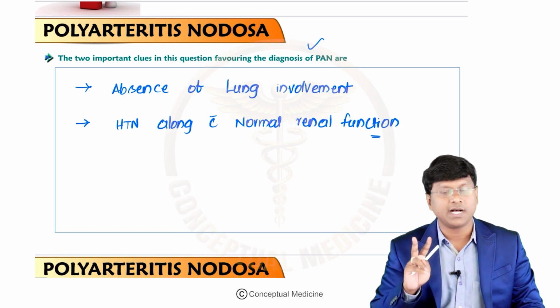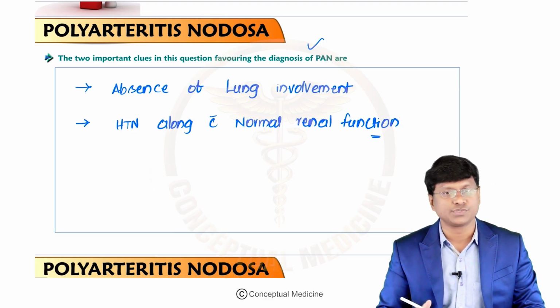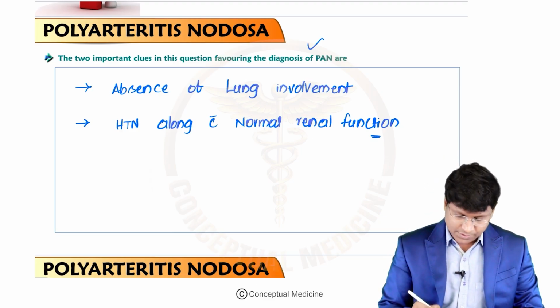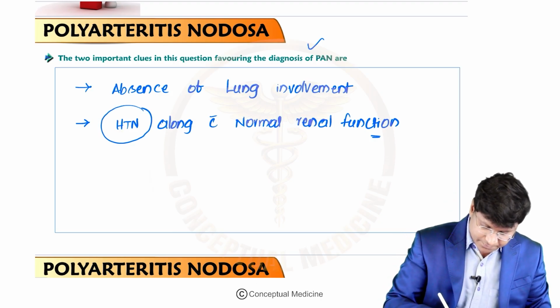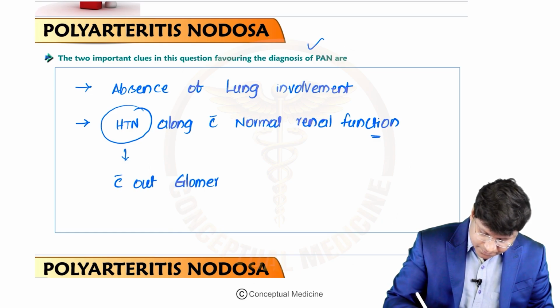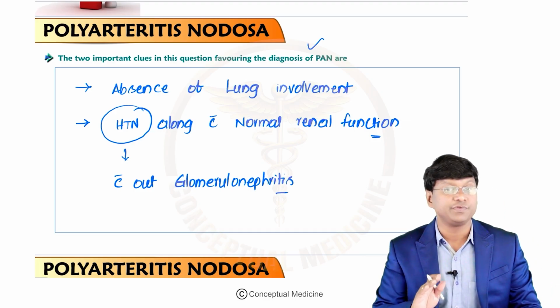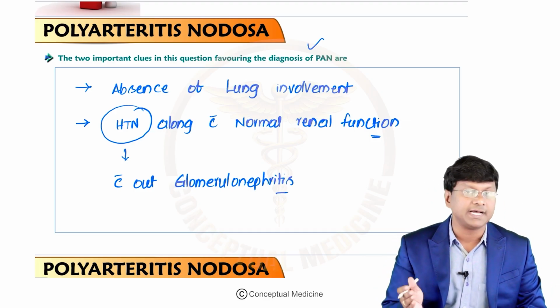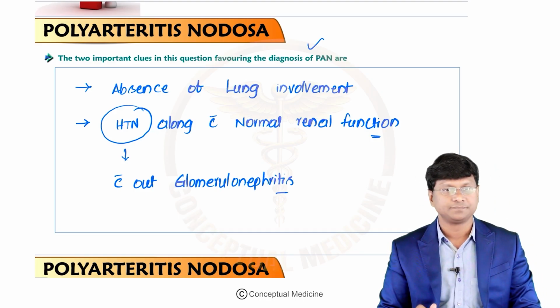So these two are the important clues in this question which favor the diagnosis of polyarteritis nodosa. This is hypertension without glomerulonephritis, along with other features of vasculitis, that will suggest polyarteritis nodosa.